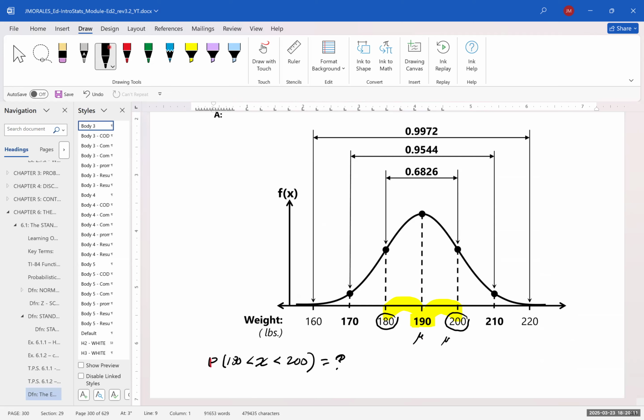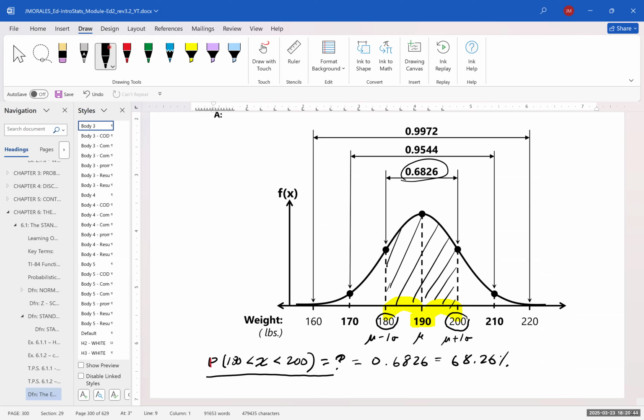Here's our mean plus 1 standard deviation, here's our mean minus 1 standard deviation. And the area between plus 1 and minus 1 standard deviations is 68.26%. So the probability of randomly sampling an adult male in the United States who's between 180 and 200 pounds is 68.26%.